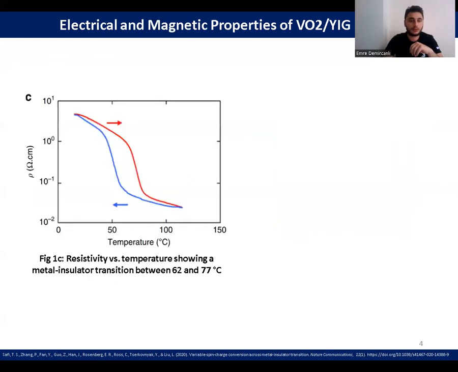Okay. Other things studied for material characterization are their electrical and magnetic properties. In figure 1c, we see the resistivity versus temperature graph. In this sample, 4-point resistivity measurements were made on vanadium dioxide films for metal insulator transition detection.